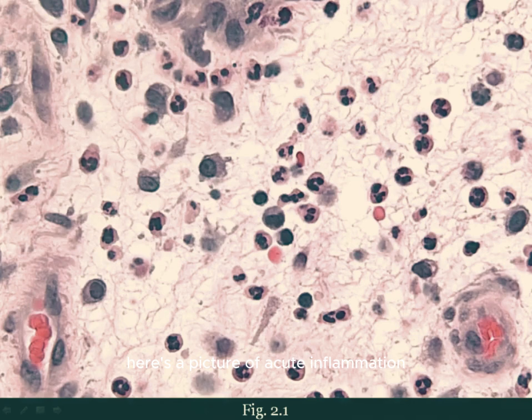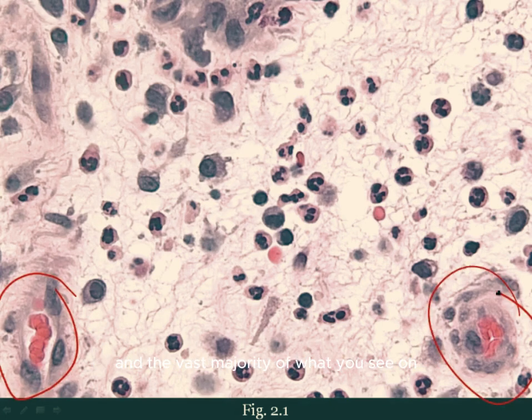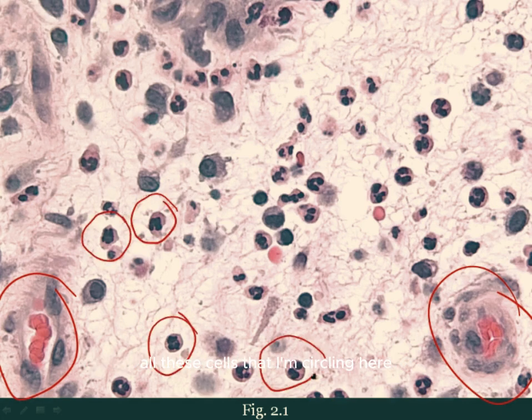Here's a picture of acute inflammation, and it highlights a little bit of what we've discussed. First of all, notice that we are outside of the blood vessel. Here's a blood vessel, and here's a blood vessel, and the vast majority of what you see on your screen here is actually the tissue space. And so we notice that within the tissue space are these multilobated cells, which actually are neutrophils, all of these cells that I'm circling here.